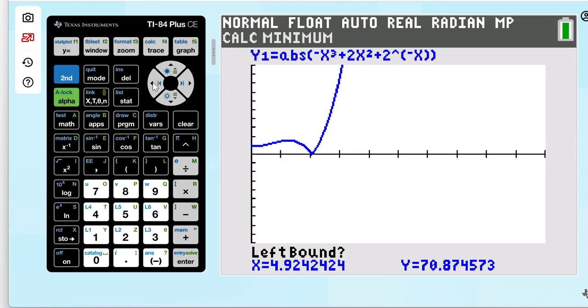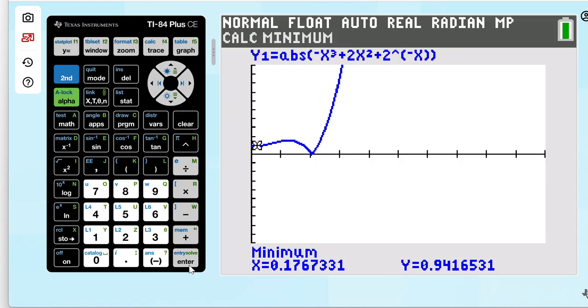We have to scroll over to the left here because my cursor starts at 5. But if I scroll over far enough, really close to 0, where it says left bound, I'm going to hit enter. Then I'm going to go to the right a little bit and hit enter on right bound and then have it guess.